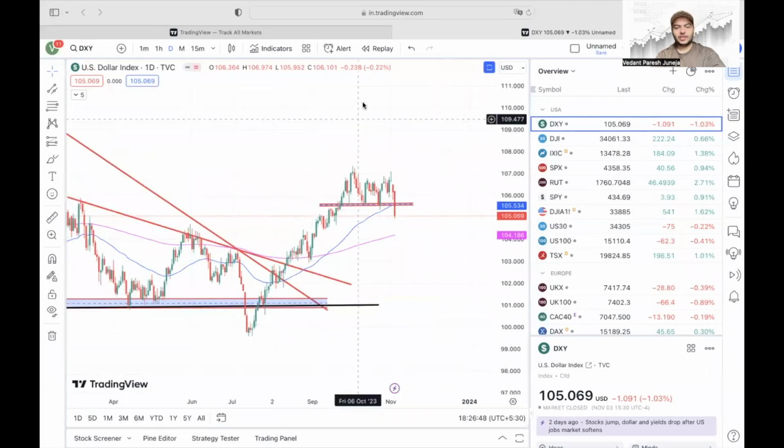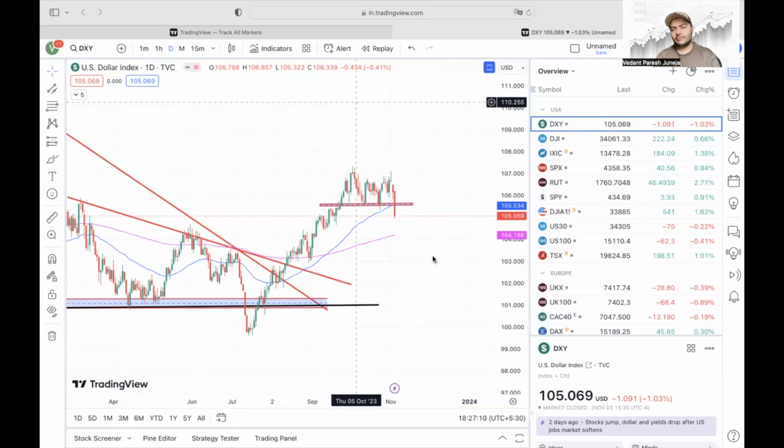Yeah, so here is a chart of the dollar index, DXY. That's how we call it. If you watched my previous videos, I have always started by analyzing the dollar index. This is just because this is one of my favorite indicators to know where the market is going.